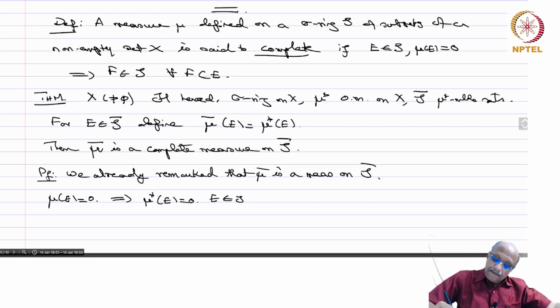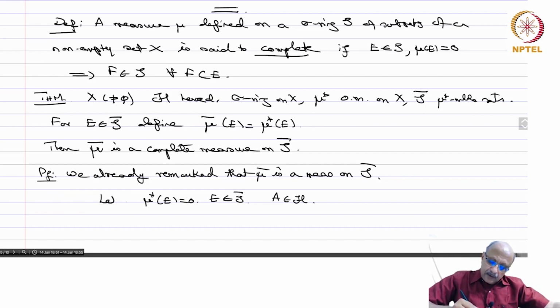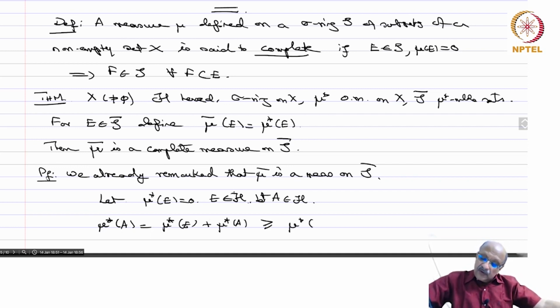Let mu star of E equal to 0, E in H. Let A belong to H. Then you have mu star of A is mu star of A intersection E, which is 0, plus mu star of A. By monotonicity, this is greater or equal to mu star of A intersection E plus mu star of A intersection E complement, since E is bigger than A intersection E, and A is bigger than A intersection E complement.